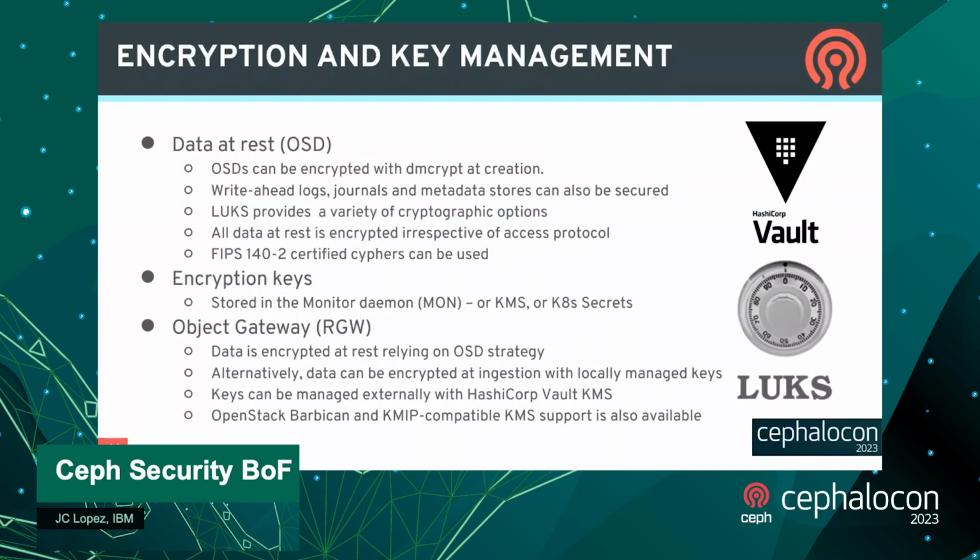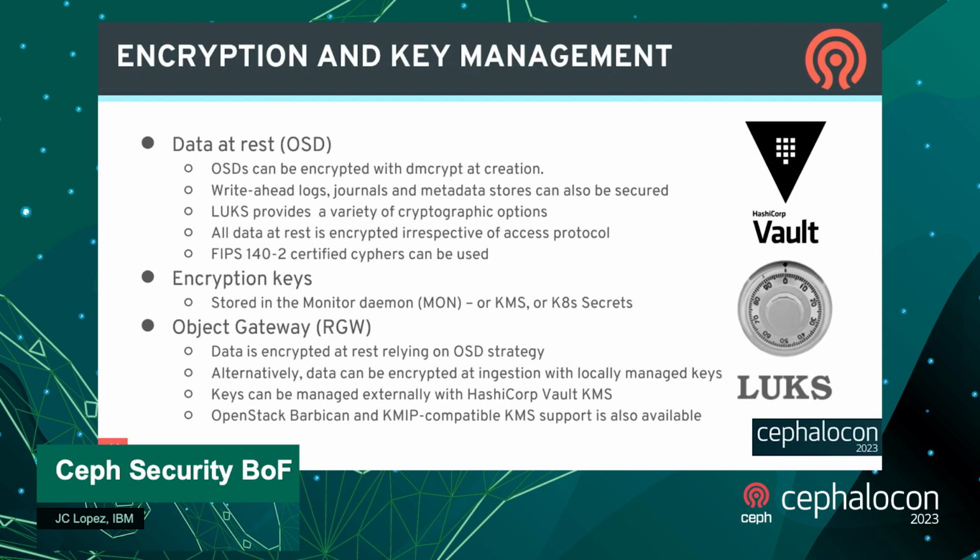So one of the first things you can do when it comes down to security is, obviously, encryption and key management. One of the features is at-rest encryption. You can enable that at the OSD level, what we call cluster-level data at-rest encryption. You have different ways to do it. You can have self-managed keys directly, where we store the keys in the monitor database.